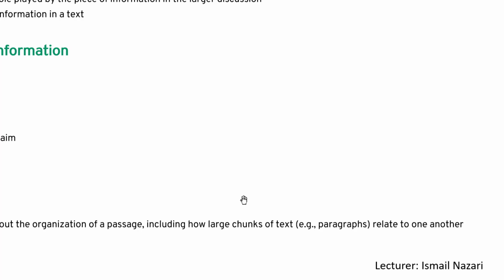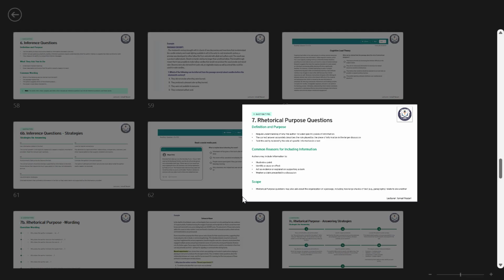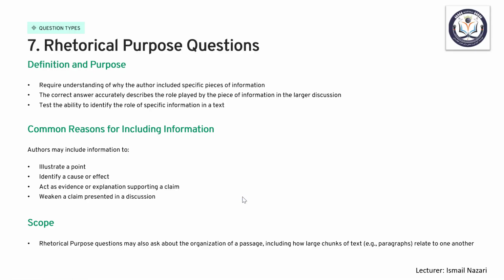It is also completely possible. So we may have these two. One, a rhetorical purpose question asks us the reason behind a specific point of view or why the author states that.